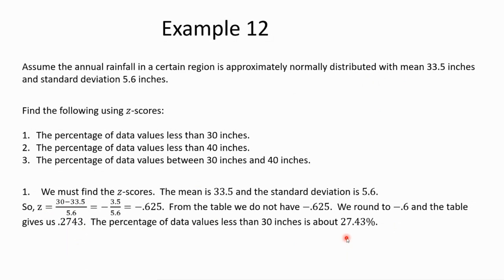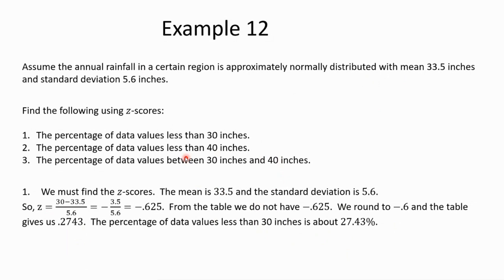In other words, about 27.43% of the years, the rainfall is less than 30 inches. Maybe a better way of saying it: about 27.43% of the annual rainfall in that region is less than 30 inches.